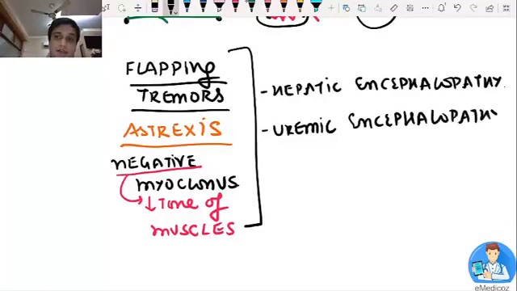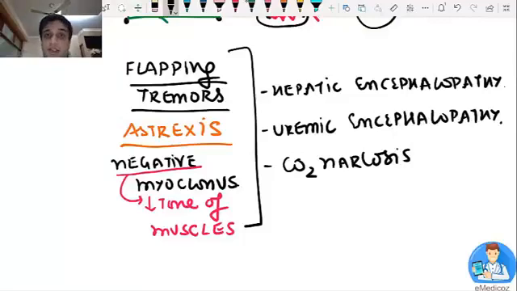And the third one is CO2 narcosis. That means a disease known as respiratory encephalopathy. That means carbon dioxide collects a lot and affects the brain centrally, CO2 narcosis. Another name for respiratory encephalopathy. Hepatic, uremic and CO2 narcosis. All these three conditions result in a flapping tremor, asterixis or a negative myoclonus.